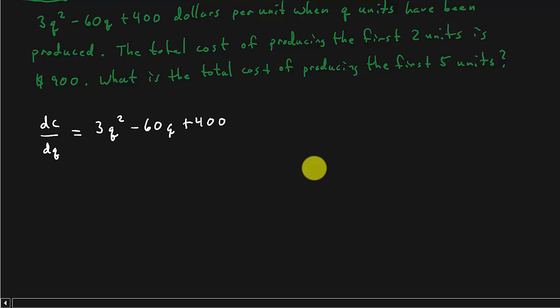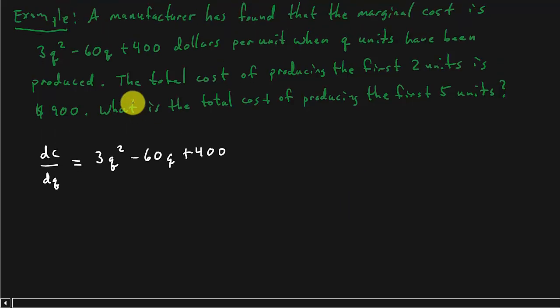And so now let's integrate it, because what do they want to know? It says, what is the total cost of producing the first 5 units? So if they want to know the total cost, then we have to find the cost function. If this is your marginal cost, this is the derivative of your cost function.